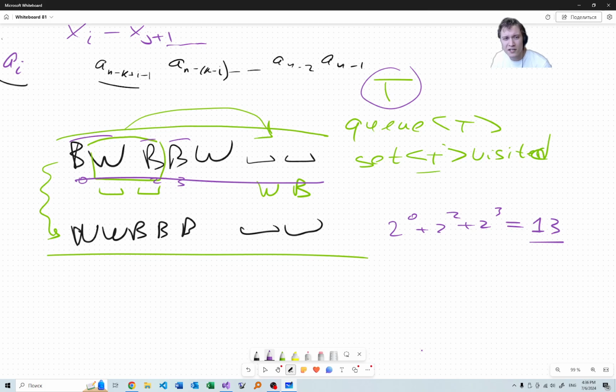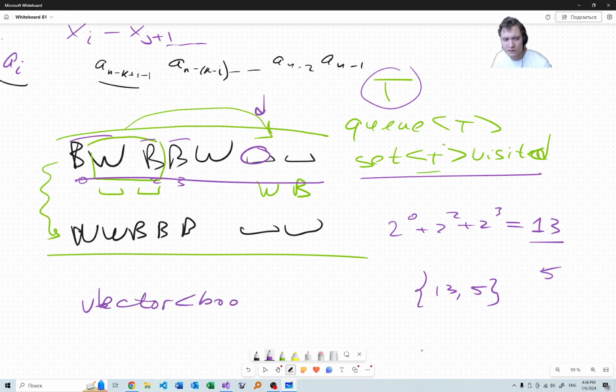And also you store the index of the first space, with positions 0, 1, 2, 3, 4, 5. So you store two numbers, 13 and 5. Instead of a set, you have just a vector of bool, where the first dimension is the mask and the second dimension is the position.